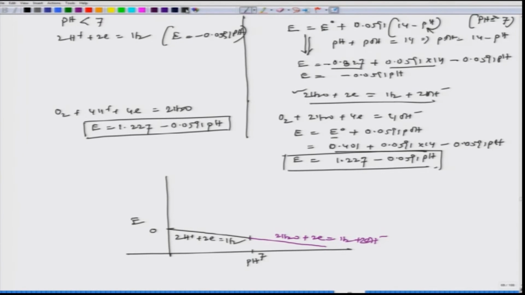Similarly, if we consider this reaction, this is pH 7, and they will be parallel because in both cases the slope is 0.0591.